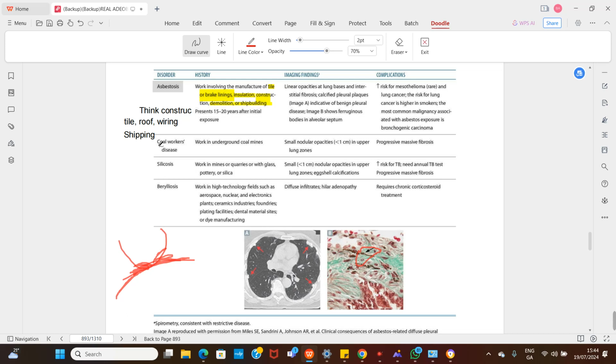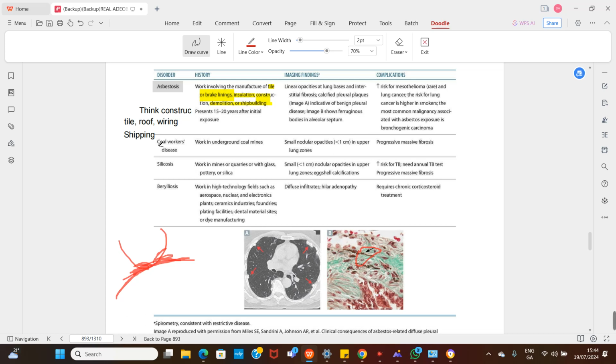Berylliosis. People that work in the aerospace industry, building aerospace or working on the tech side: nuclear bombs, electronics, ceramics, dental materials, dyes. Berylliosis. One thing that is peculiar to it is that they form a lot of noncaseating granulomas, and they still respond to corticosteroids.